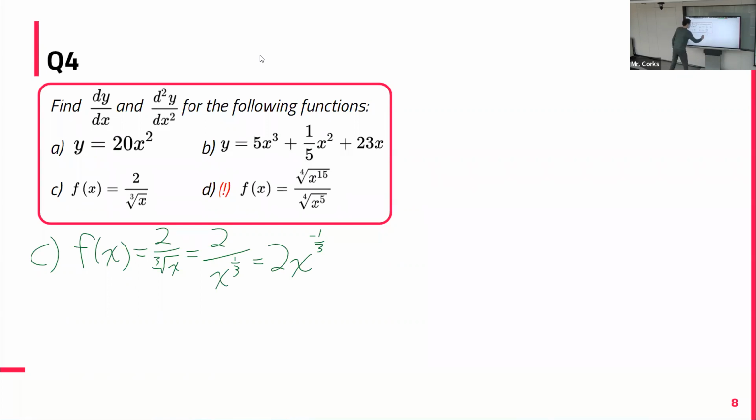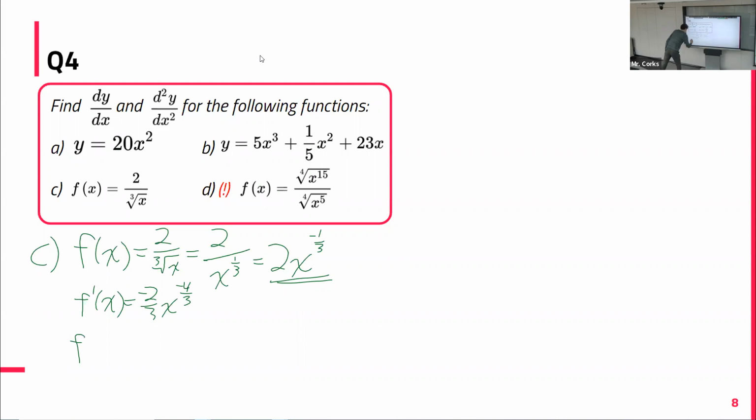So if we have this, then we can do our first derivative more easily. Negative 2 over 3x to the exponent negative 4 over 3, like that.